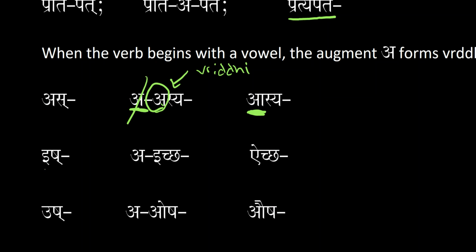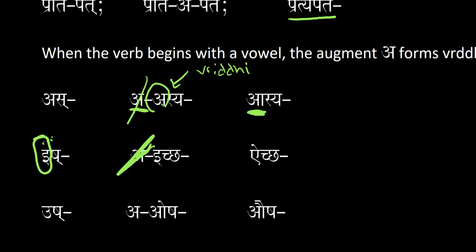Now for ish, to wish, is usually icchati, but since the augment is before it, this is not going to take guna. This is going to take vridhi, the 'i', and again, we're going to ignore the augment 'a', because this change is happening because the augment is before it.